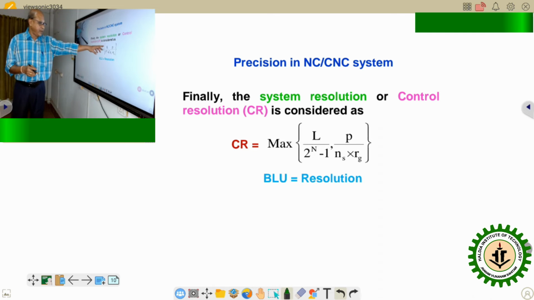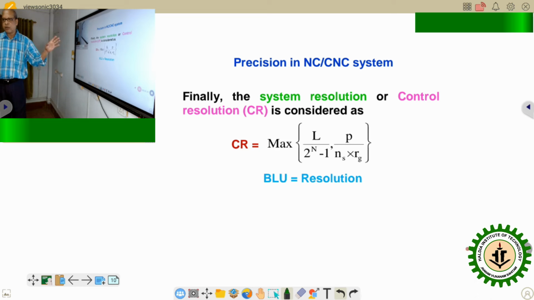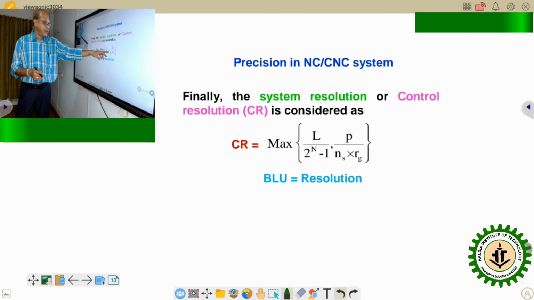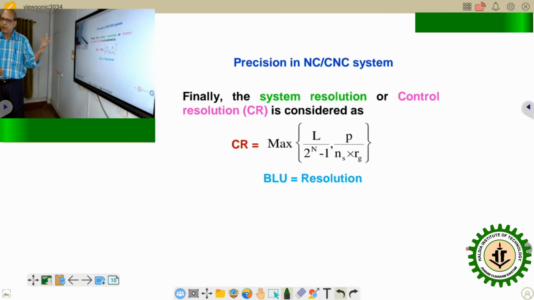So even if you take L as 1 meter or 2 meter, 2000 millimeter by something around 65,000, it will be very, very small. But if you take the reasonable values of P, Ns and Rg, Rg may be 6 or 3 or 4, P may be 4, 5, 6, 8, Ns usually is 200. So you will get a reasonably higher value, which the system can implement and execute.